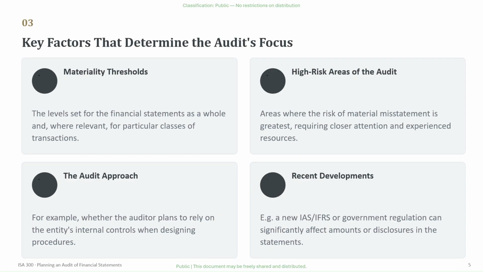Third, the audit approach. For example, whether the auditors plan to rely on the entity's internal controls when designing further procedures or take a more substantive approach. And fourth, recent developments. For example, the application of new IFRS or new government regulations can have a significant impact on amounts or disclosures in the financial statements. These all need to be weighed at the planning stage so the strategy reflects where the real risk actually sits.